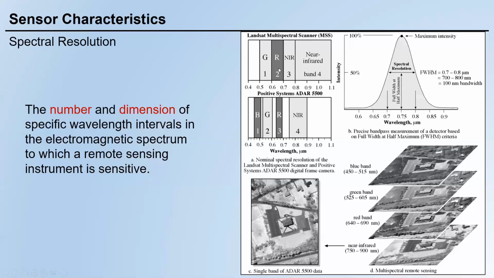Okay, so if somebody is telling you the spectral resolution of a sensor, you should be careful with that. Is he talking about the number of bands or the width of each band? Of course, the larger the number of bands, the better the spectral resolution.